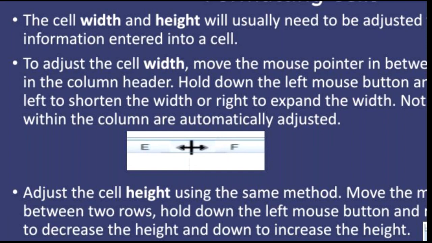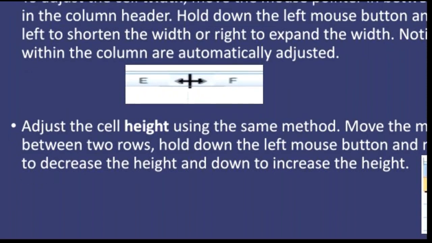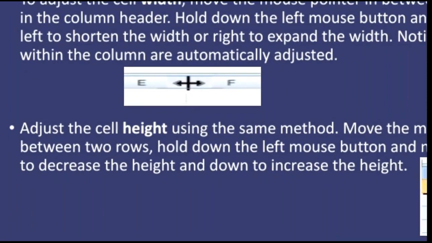For you to see it, you have to adjust the width or the height of the cell. To do that, put the mouse in between two cells, then left click, drag it to the side you want, and you see the things you type will appear. You do the same thing for the height.